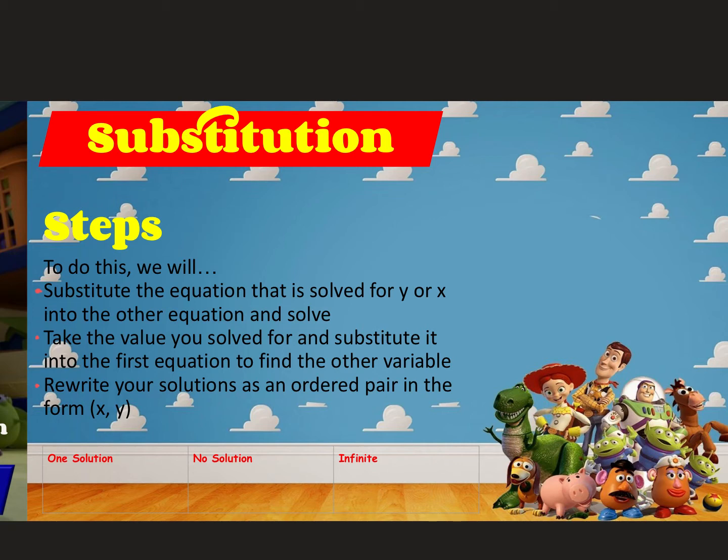Remember, we talked about the 3 types of solutions yesterday, so let's talk about that again. Thinking back to when we worked with multi-step equations, we had 3 types of solutions. One solution is, for example, x is equal to a number.